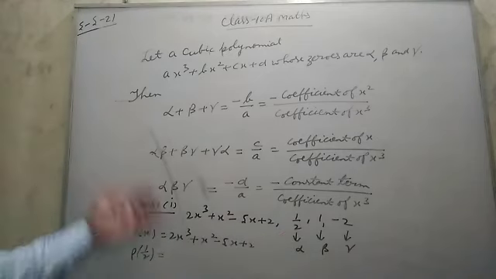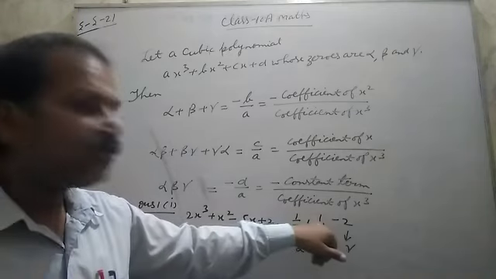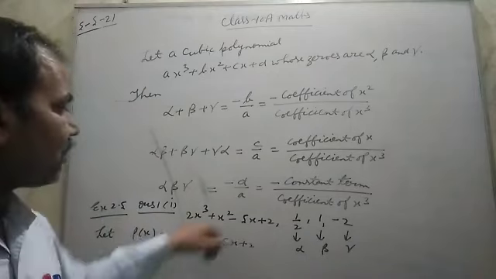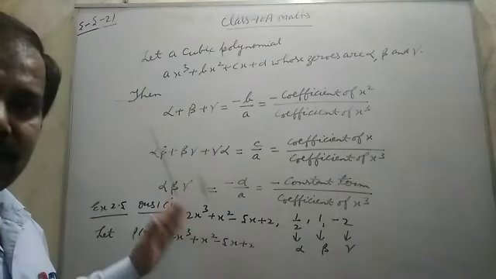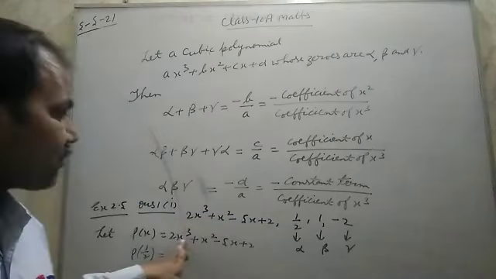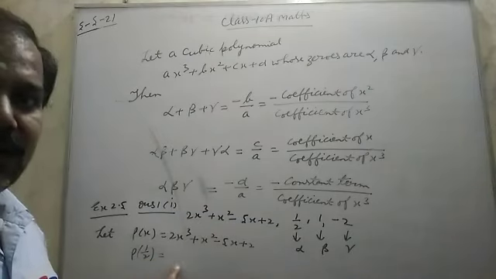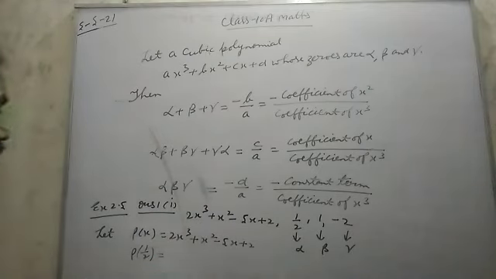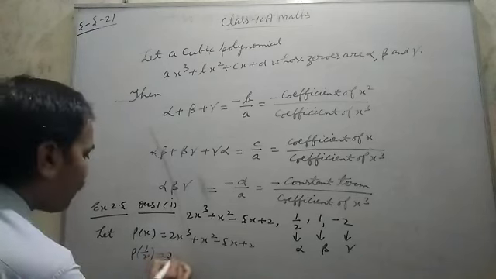And similarly, in place of x you put 1 and if it comes 0, then 1 also will be a zero of this polynomial. Similarly minus 2 in place of x, and if it becomes 0, then the remainder also will be 0. So 1 I am telling you, okay, 1 by 2.